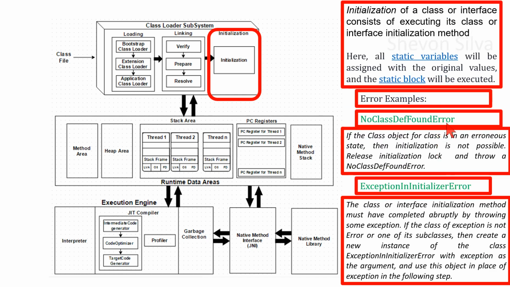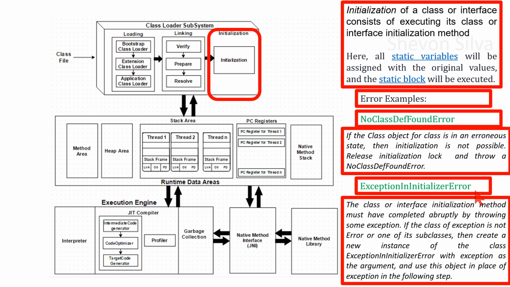If the class object for the class is in an erroneous state, then initialization is not possible, and it will release the initialization lock and throw a NoClassDefFoundError. The class or interface initialization method must have completed abruptly by throwing some exception.